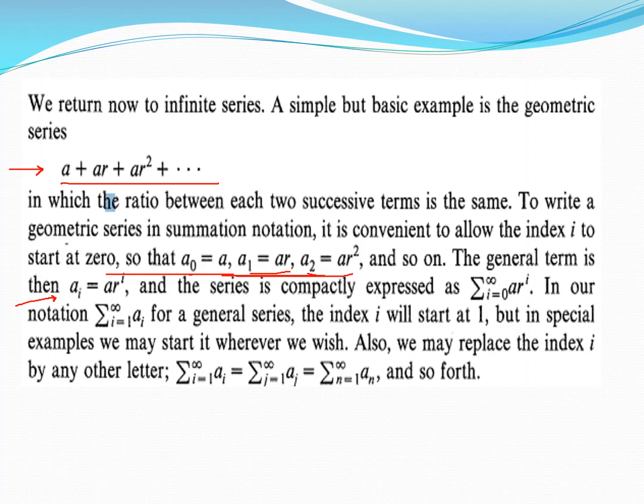And in compact form, we can write it in this way. Also, we may replace the index i by any other letter. Just if we see i is equal to 1 to infinity, or j is equal to 1 to infinity, or we can write it as n is equal to 1 to infinity.